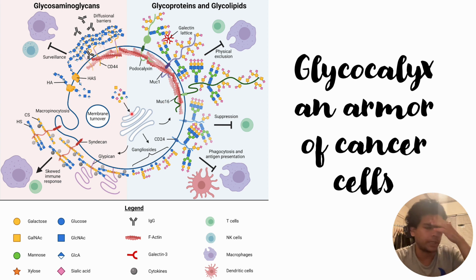So that study shows that aberrant glycosylation plays a role in glycocalyx armor formation.